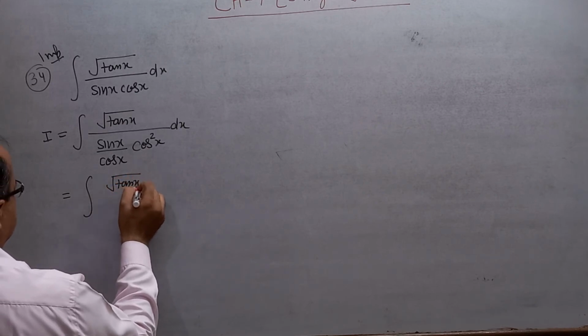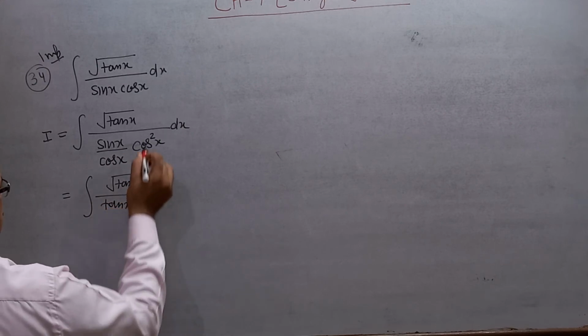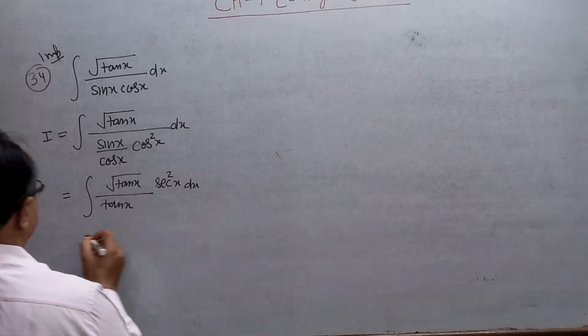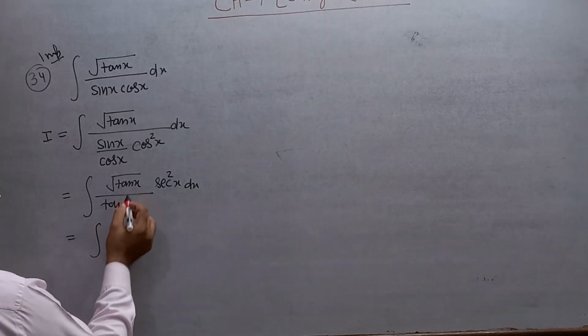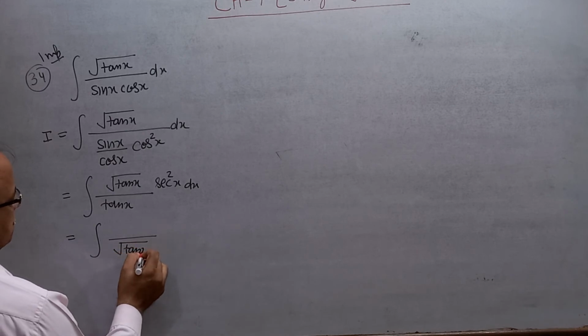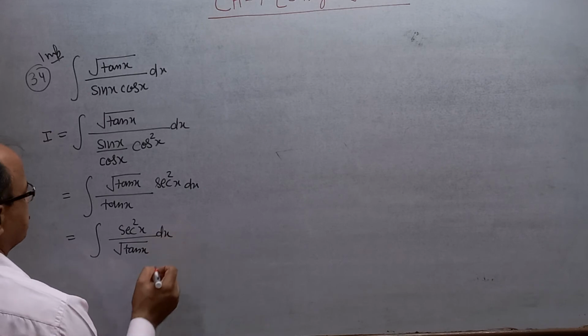Root tan x. You know that sin by cos is tan x, and 1 by cos square is sec square x, so root tan x by tan x is root tan x sec square x dx.